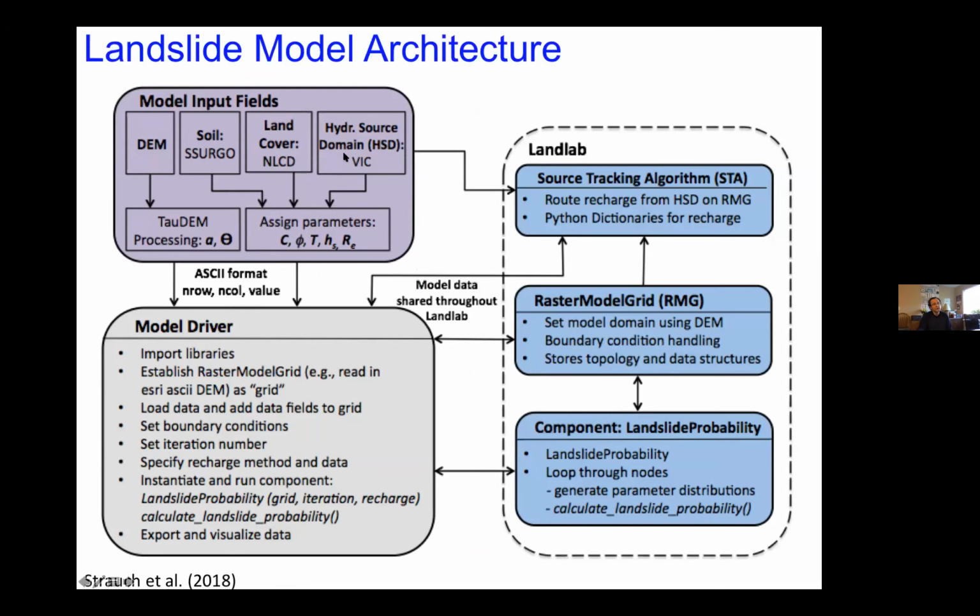And it can also read hydrological information from existing hydrological models. In this case, we were using the Variable Infiltration Capacity model. And Christina and Rhonda have been working on updating Landlab to accept output from distributed models like the DHSVM model.